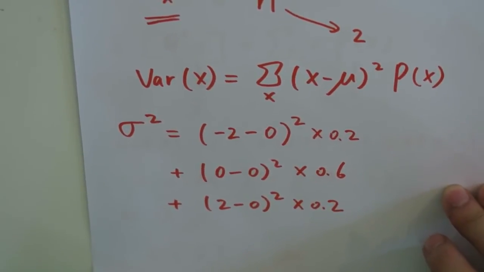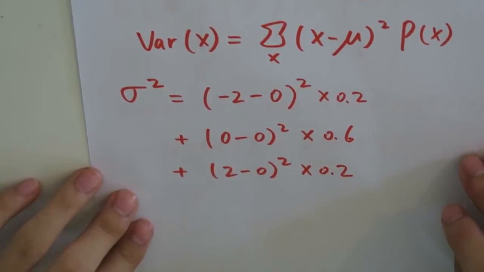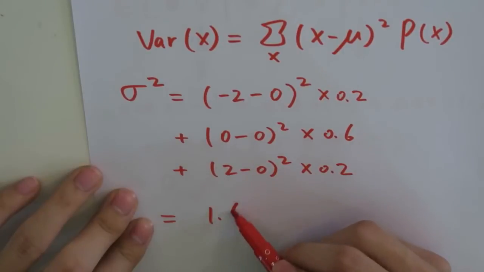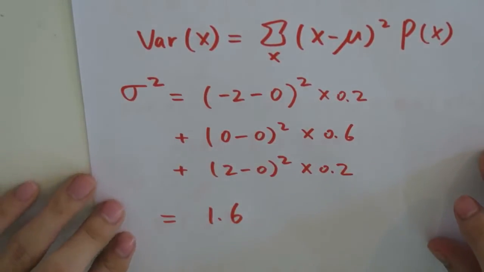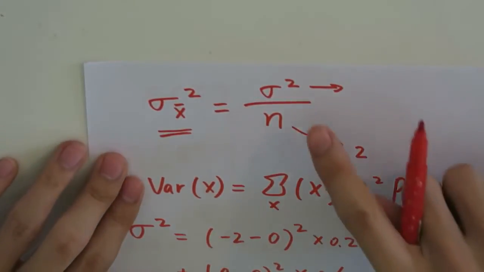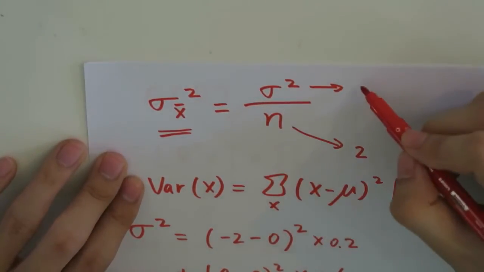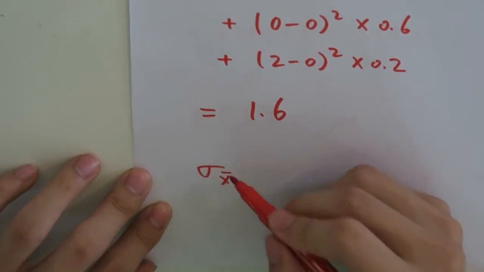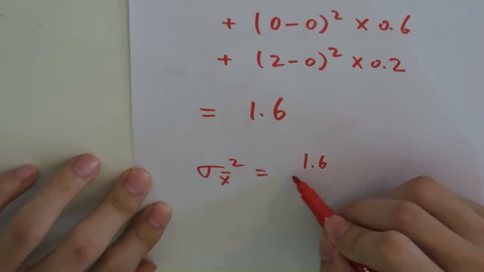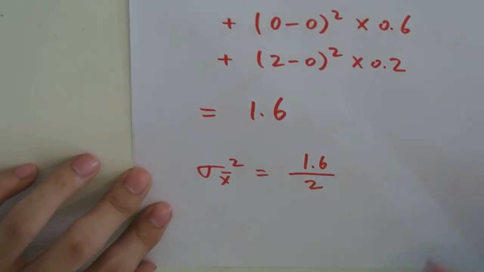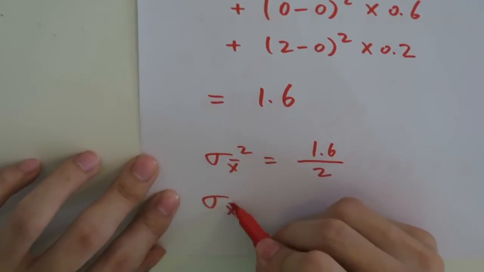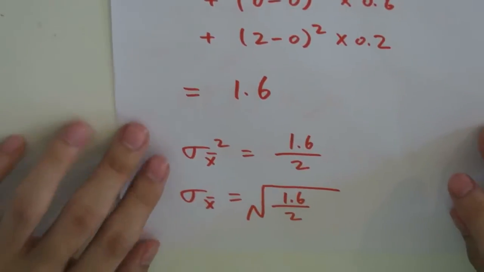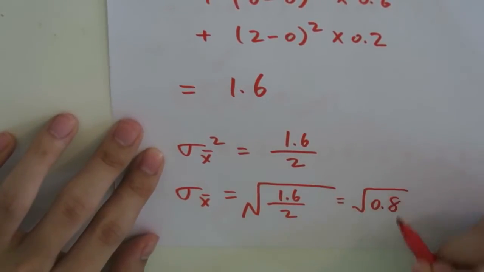Okay, so if you calculate it, this value is 1.6. That means sigma square is 1.6. So the standard error square is equal to 1.6 divided by 2, and the standard error will be the square root of 1.6 divided by 2, square root of 0.8.